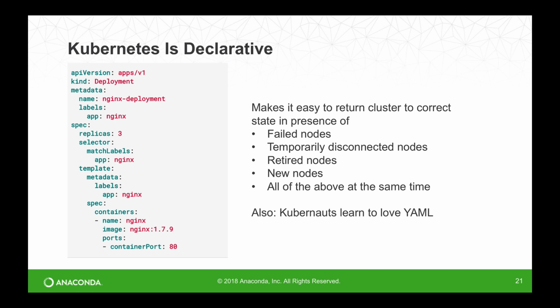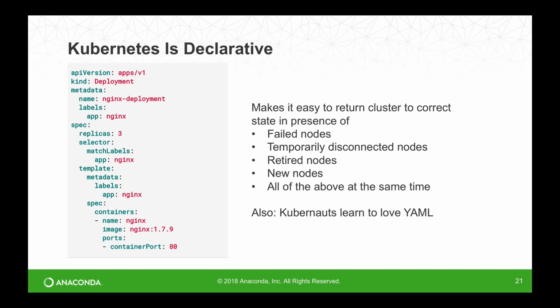Kubernetes is declarative, and it's declarative because it makes it very easy for Kubernetes to make sure that the cluster is always doing what you intended. I mean, there are two approaches to doing configuration: declarative and procedural. And procedural is sort of like, do thing A, then do thing B, and then do thing C. But in a distributed system, if something goes wrong while you're executing that procedural approach, then it's very difficult for you to figure out what you should do differently to get to the intended result.